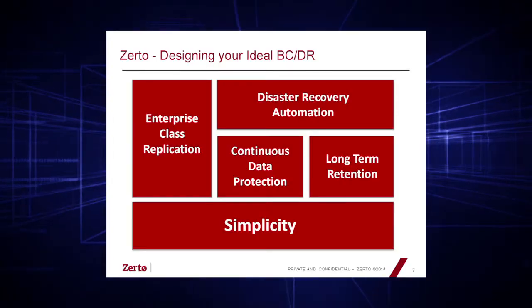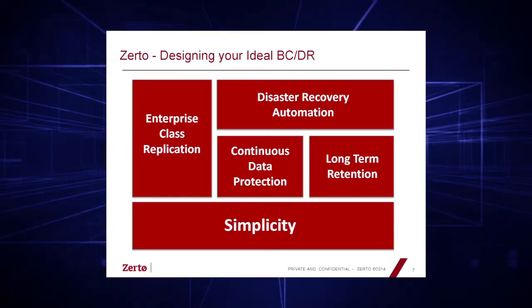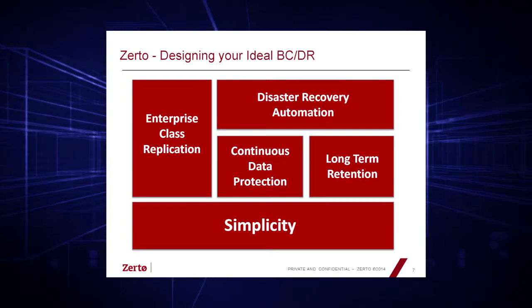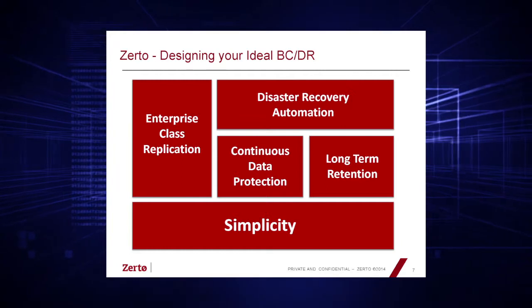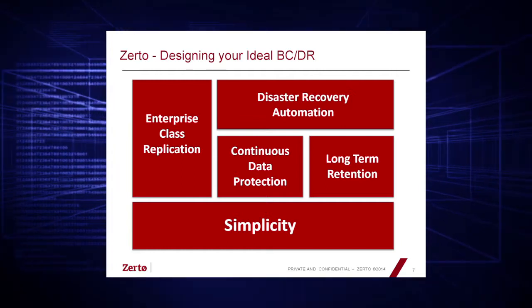So if you were going to design your ideal BCDR solution, what would you look for? Well, usually the first thing on people's list is they want enterprise class replication. They would also probably like continuous data protection and integration of long-term retention. Disaster recovery automation is also a must because recovering should be automated.